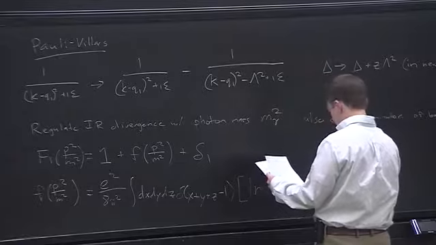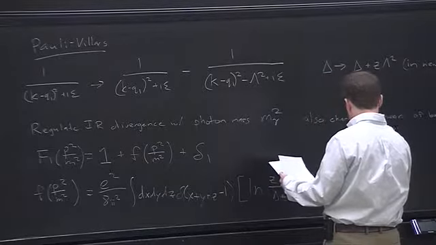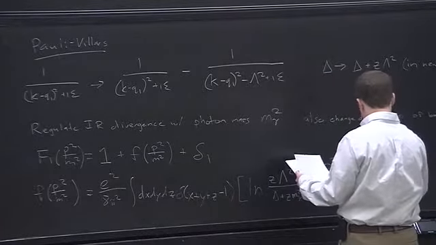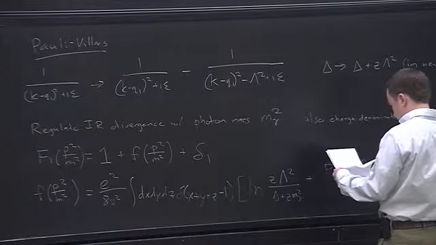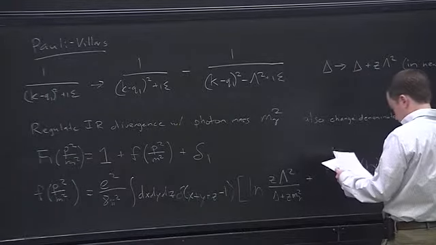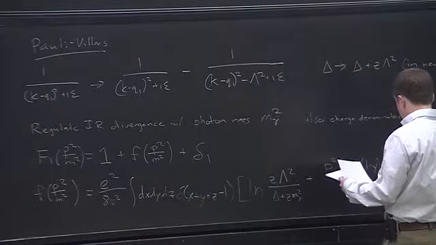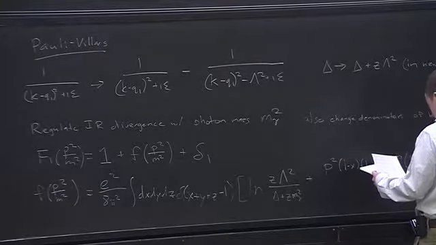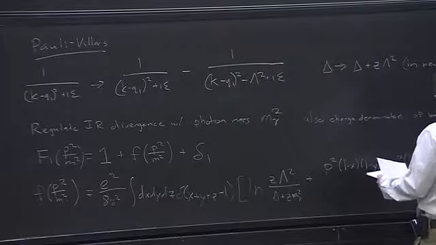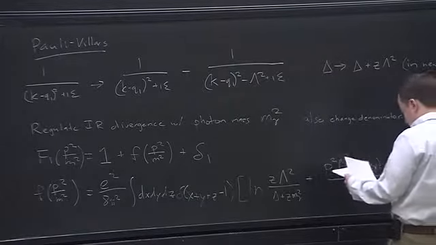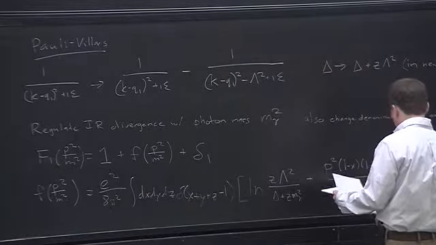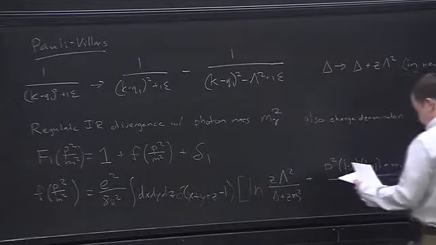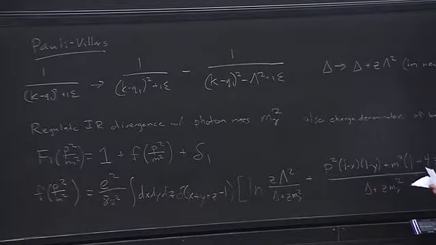And we have our other term, which is the same. The numerator is the same as before. Our denominator just has a new term that will regulate our photon mass.